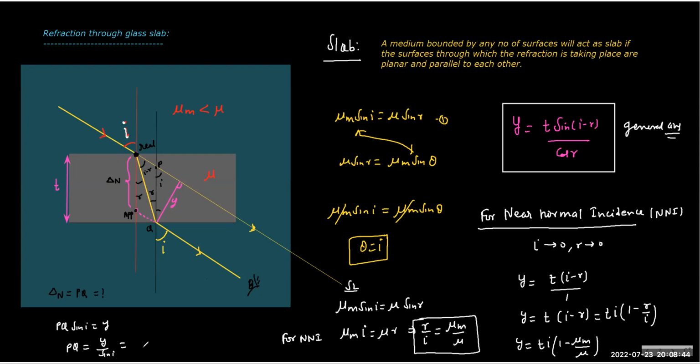For a small angle approximation, it is y by i actually. I will not mention it here, I'll put it on the next page. That's better. But if you remember this formula, that's easy.